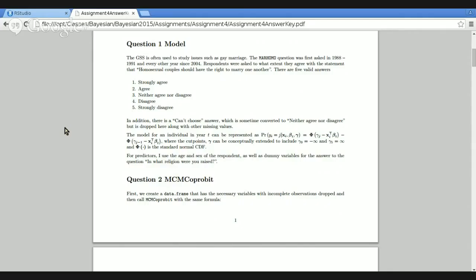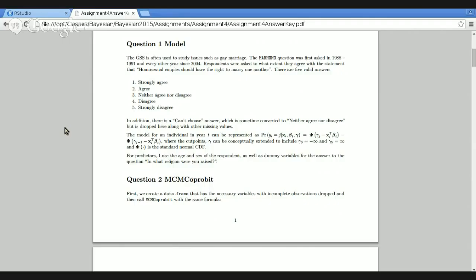Any politically sensitive topic does, but there was also an affirmative answer choice of can't choose. And that's one that you need to think about: is can't choose equivalent to neither agree nor disagree? Usually if somebody strongly agrees or strongly disagrees with the idea of gay marriage, they know that.